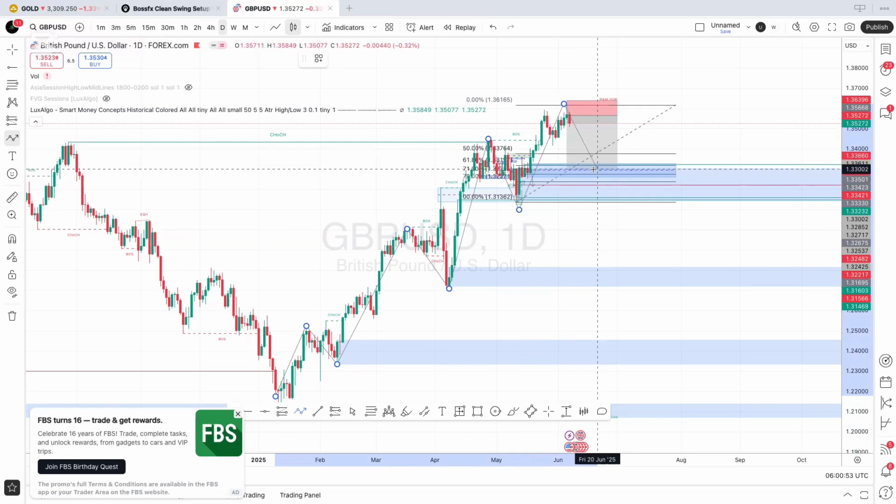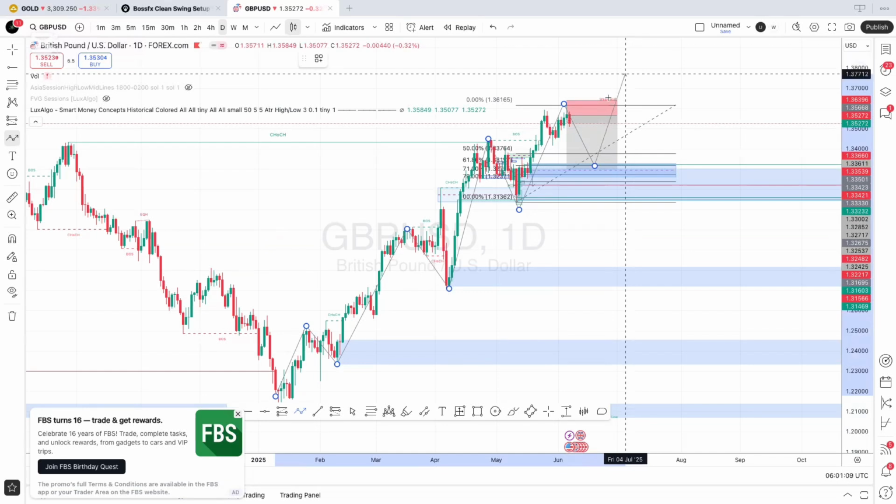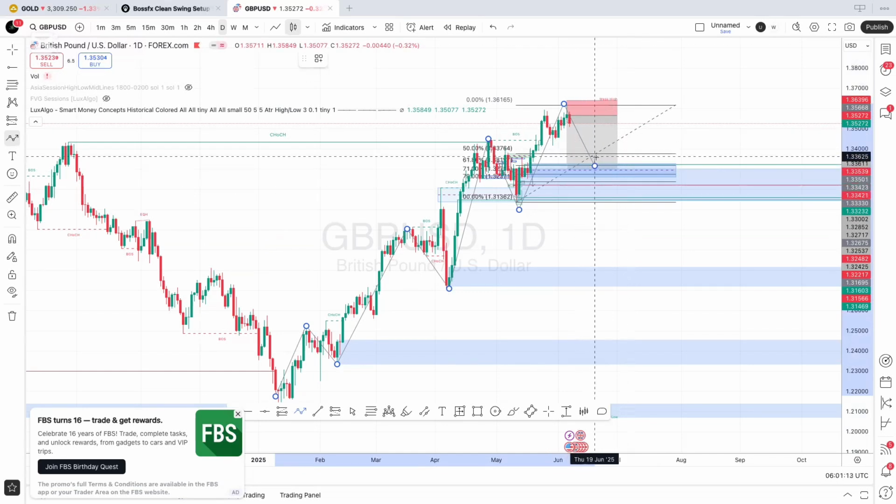Okay, then let's keep that as that. Now, having said that, we're expecting the market to come over to this region to give us a reversal pattern, then continue its bullish movement. That being said, let me take this off.